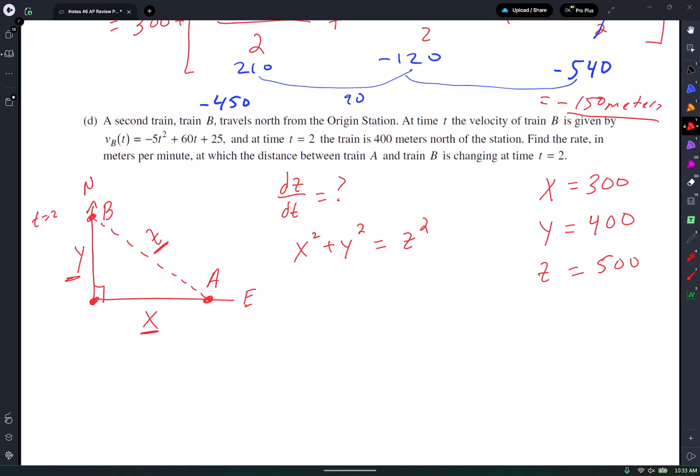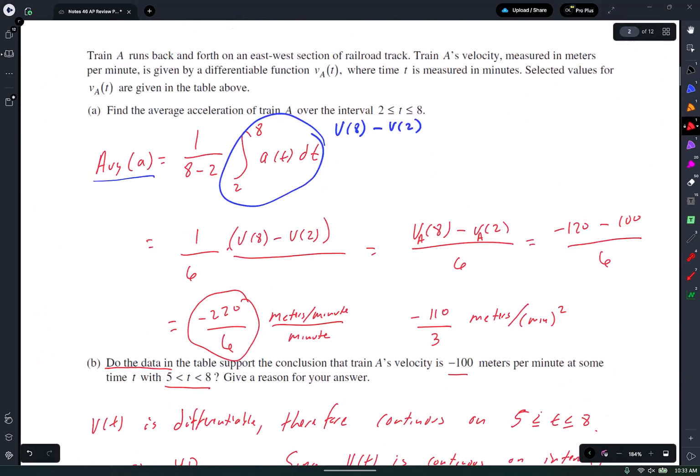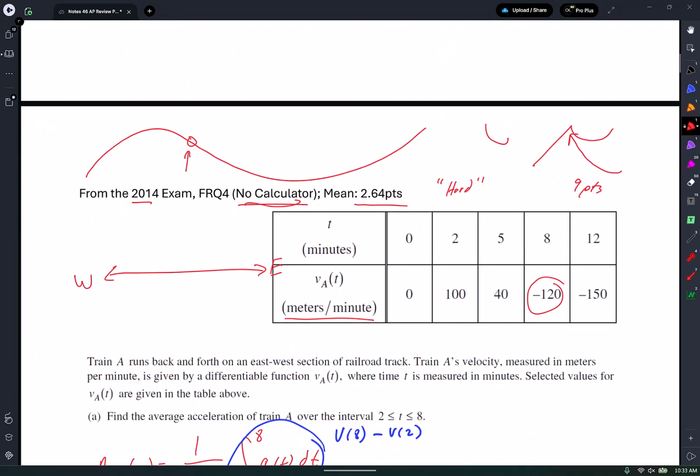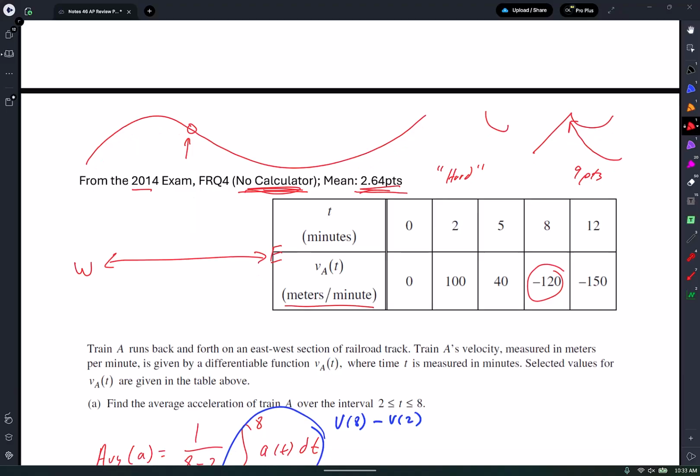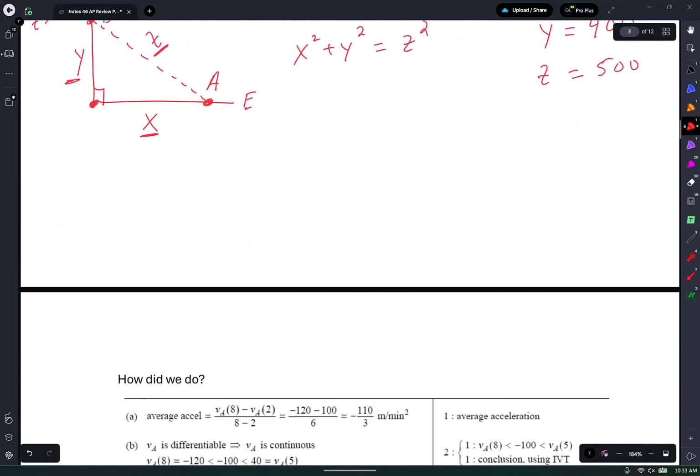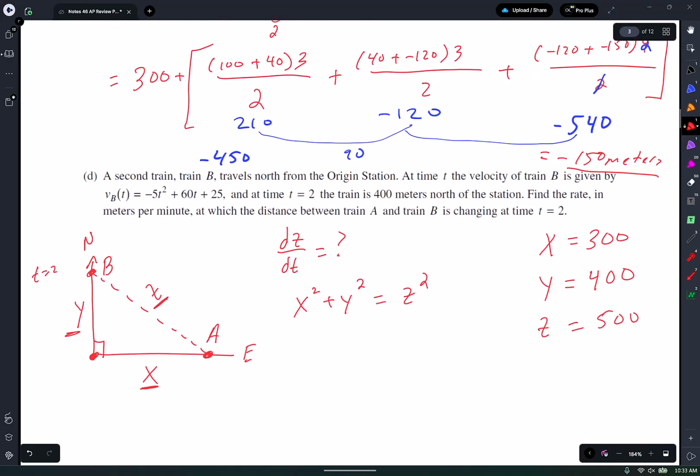If we didn't know about the 3, 4, 5, you would do 300 squared plus 400 squared, and remember, this is without a calculator, and then the square root of that, you would get 500. This was a no calculator one, so they're being nice. Don't worry.